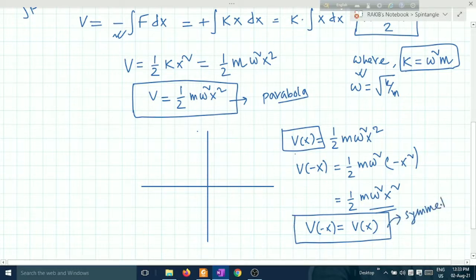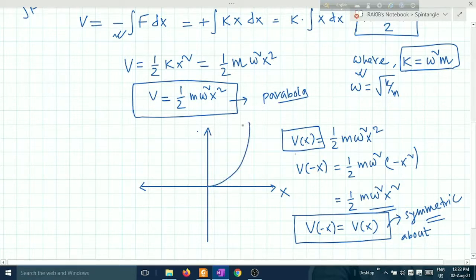This is symmetric. If it was asymmetric, there would be a minus sign. There is no minus sign, so this is symmetric about this axis. You can plot it like this: x and minus x. Now you can draw what this side will look like and what this side will look like.